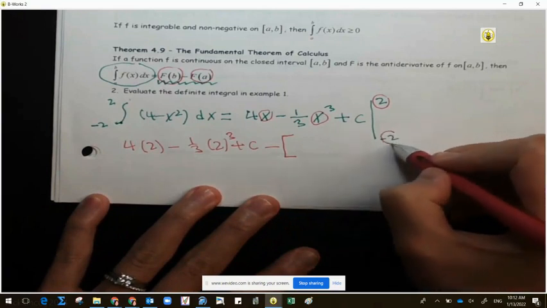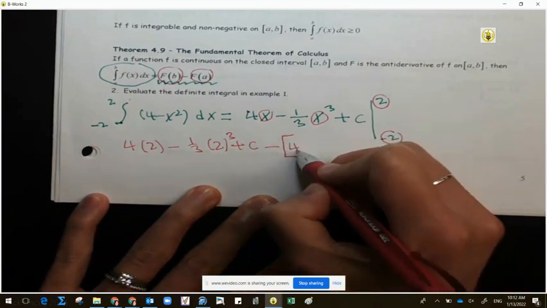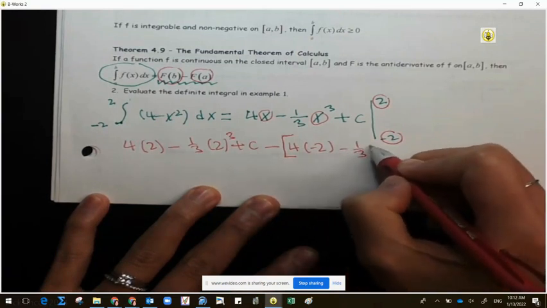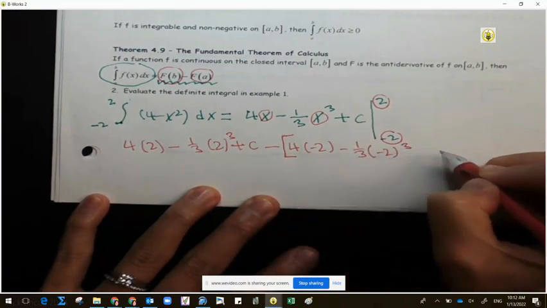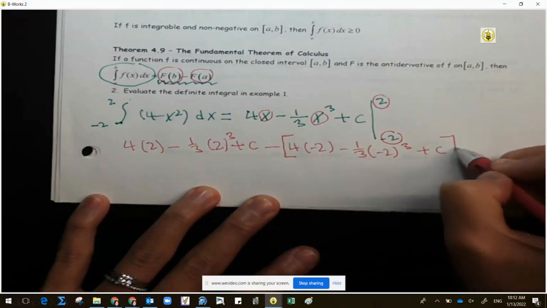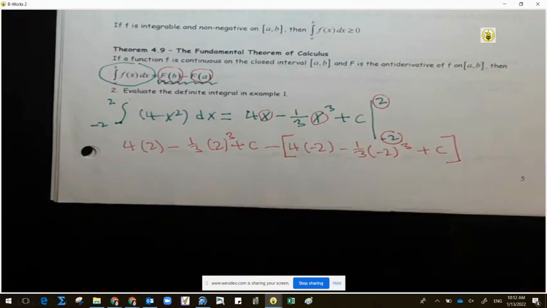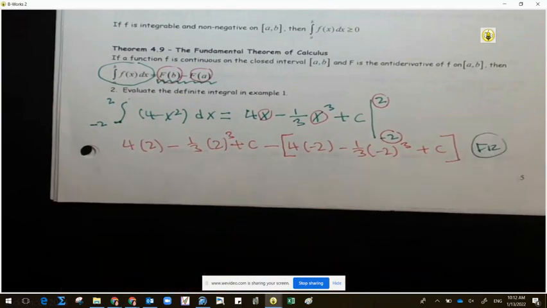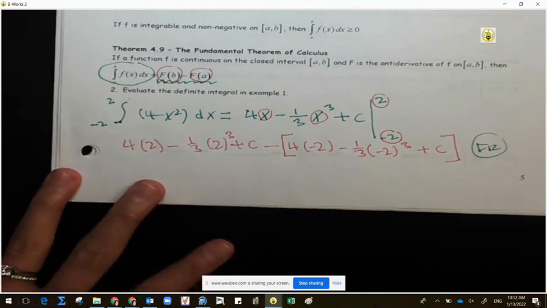Now we're plugging in the negative 2 in place of the x. So we have 4 times the negative 2 minus 1/3 times negative 2 all cubed plus the c. The nice thing about this format is, if it's a free response question, you may leave it right here, plug things in, and not distribute or simplify. But I'm going to look at it for the multiple choice sake.